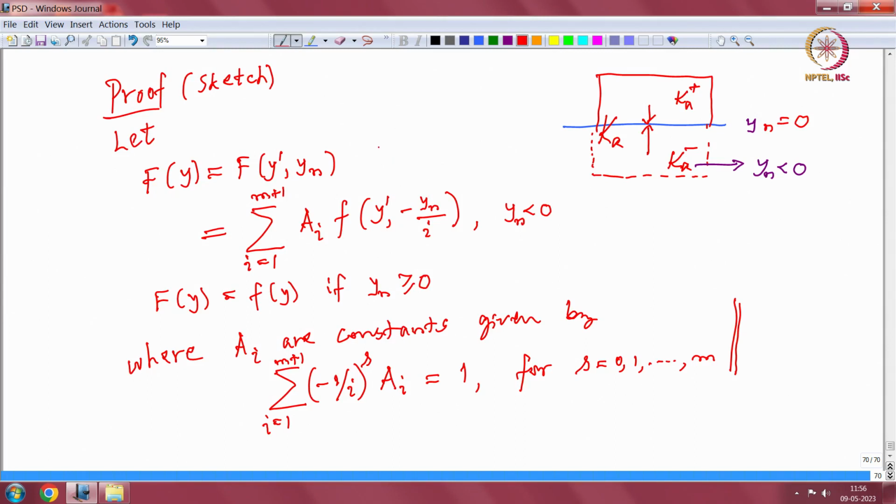It's a lengthy computation, but you can do that, and verify that F indeed belongs to the class C^m over the closure of this.